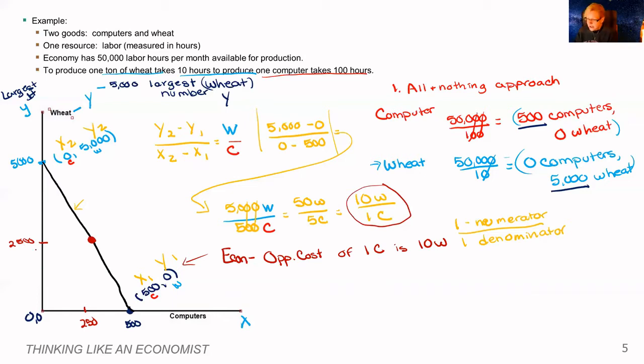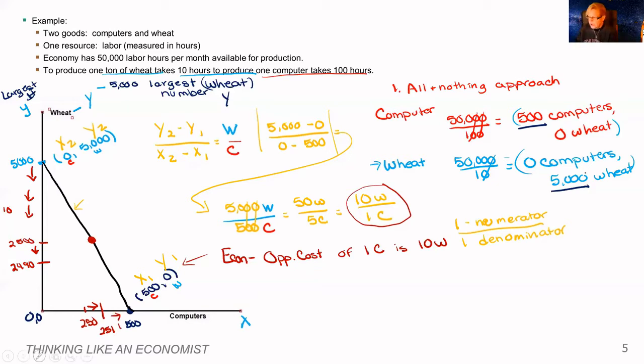If I decided to produce 251 computers, that would mean automatically that I would produce 10 less wheat. So I would be here at 2,490, let's say. Again, not drawn to scale. It means that as I move down the Y 10, then I move out the X of 1.